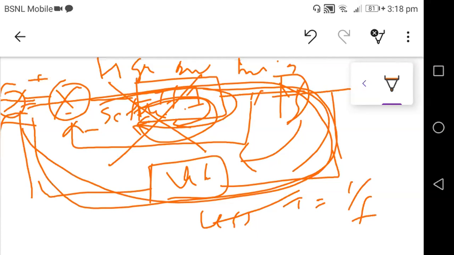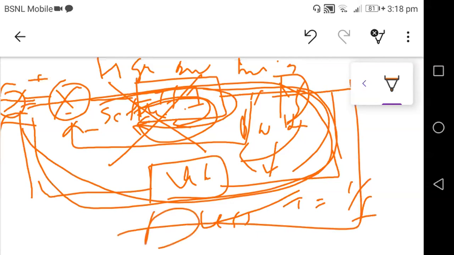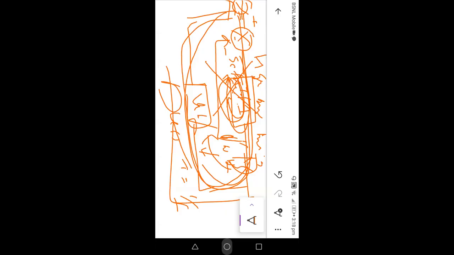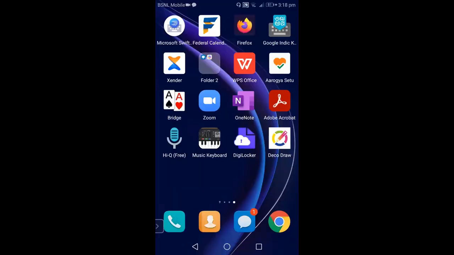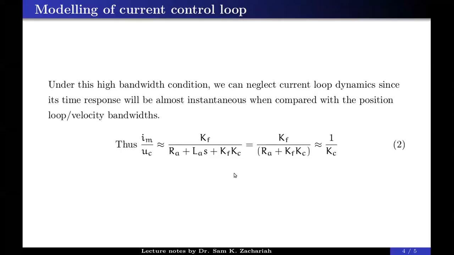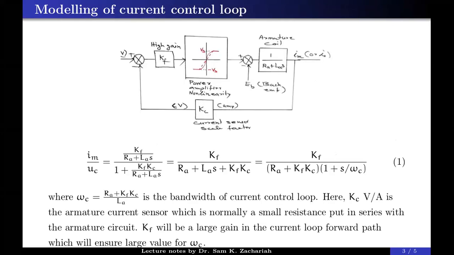So this bandwidth should be higher, and the time constant should be minimum. If the outer loop has a bandwidth very much less than this one, then it should have higher bandwidth.